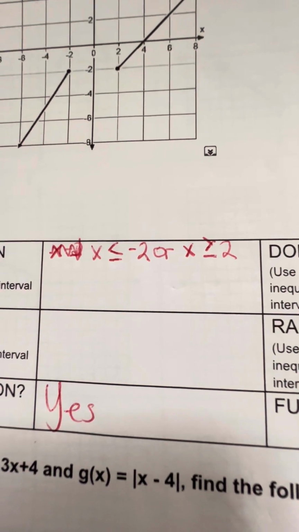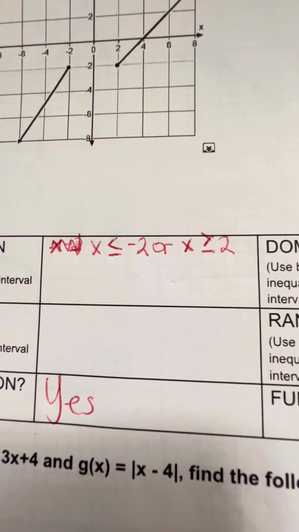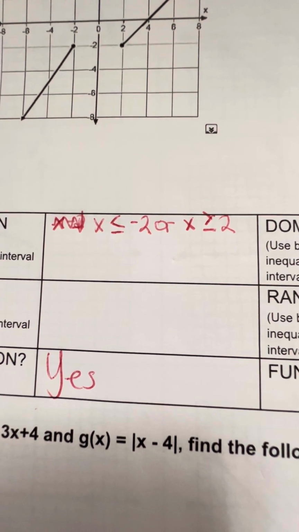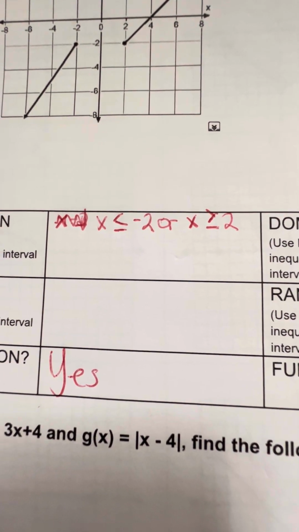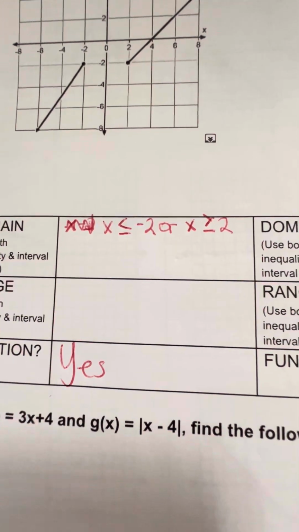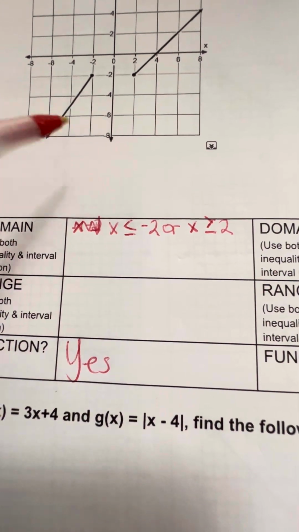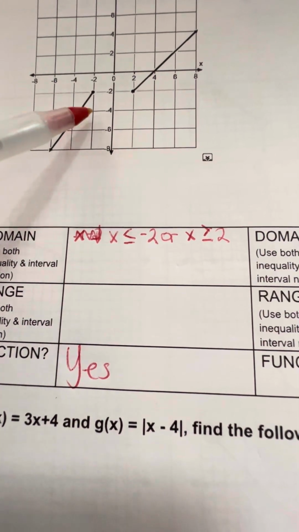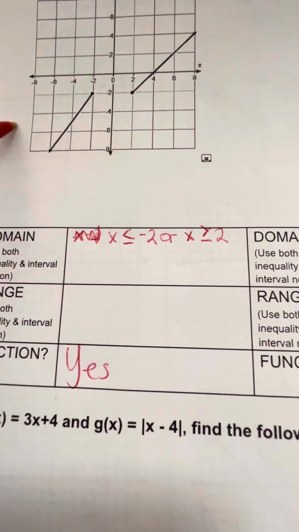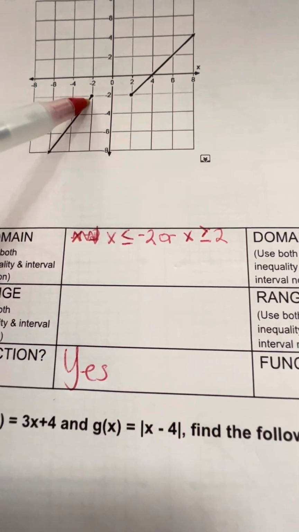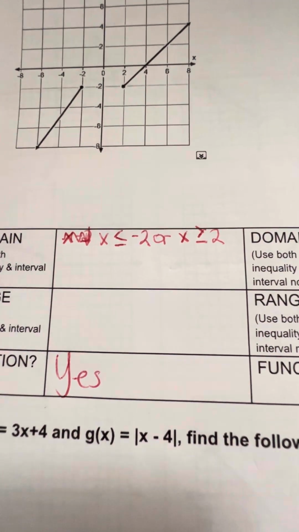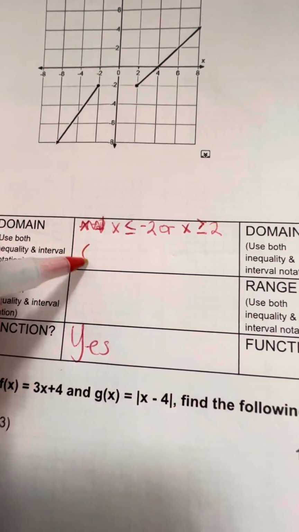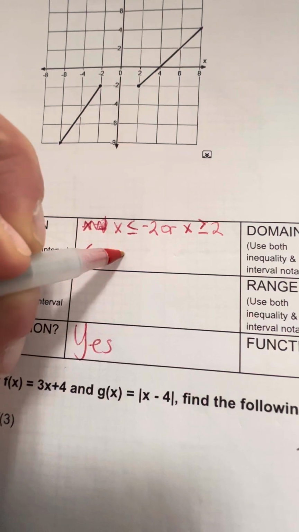So now I have to do interval notation. When you're looking at this, we are looking at the domain values. Our values start at -infinity, right? It's going in the negative direction forever and ever. And it stops at -2, and it includes -2. So -infinity would be the starting point, though it doesn't really stop.